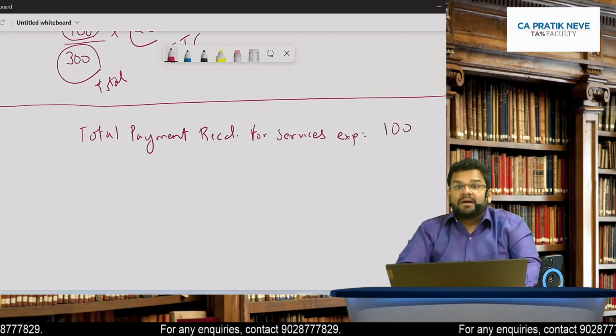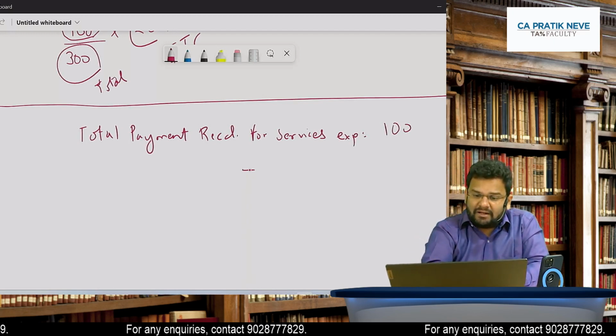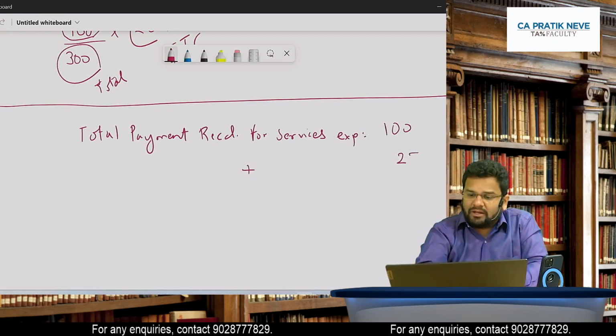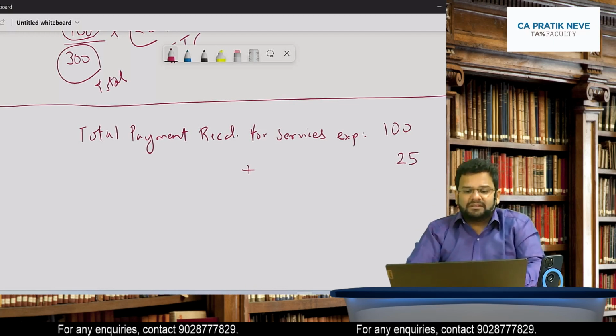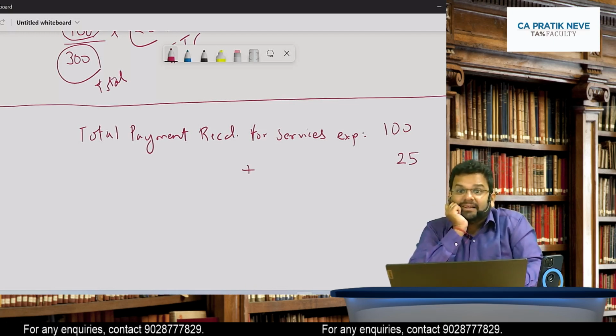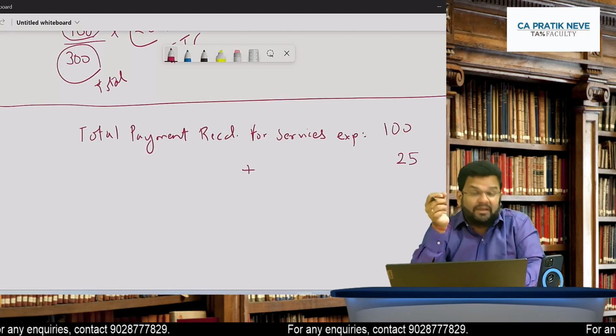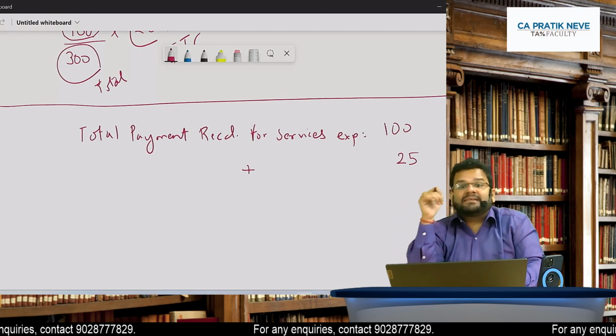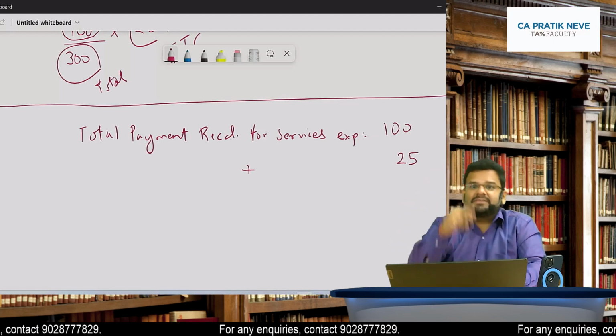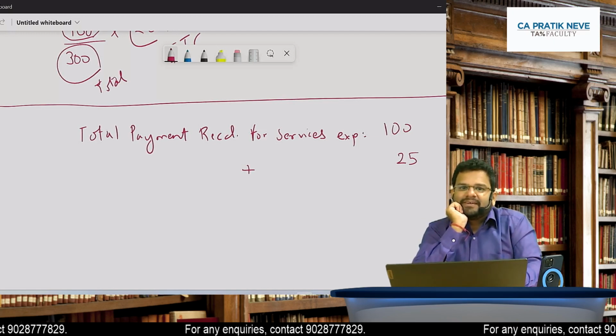Agreed? But you don't have to stop at 100. In that you have to add 25. Which 25 is this? This 25 is payment received last year but service given this year. Did you understand?